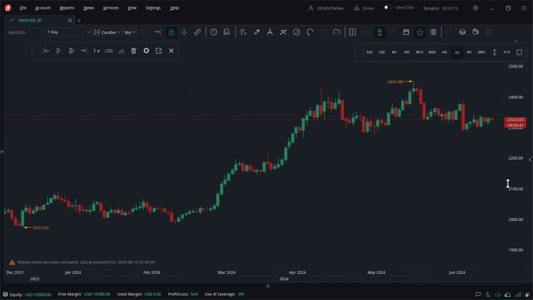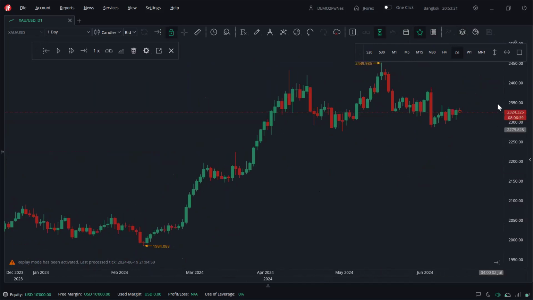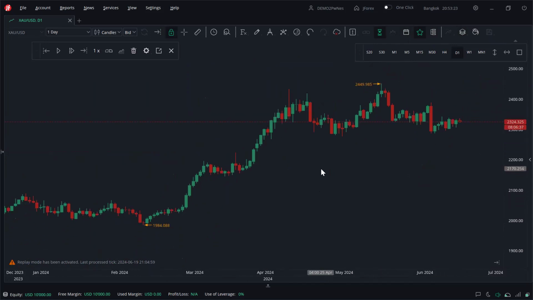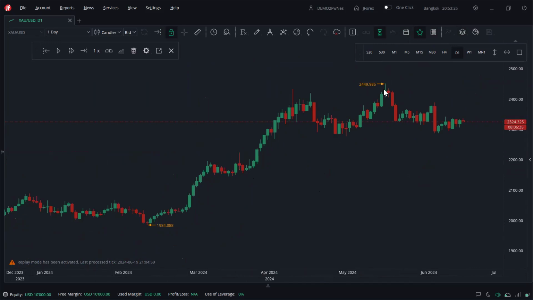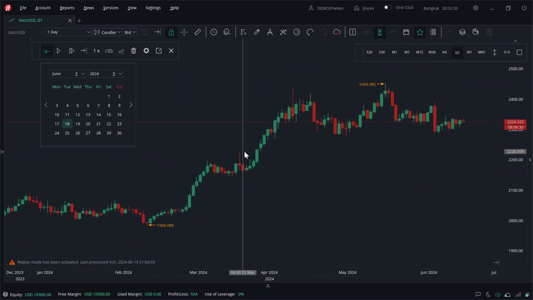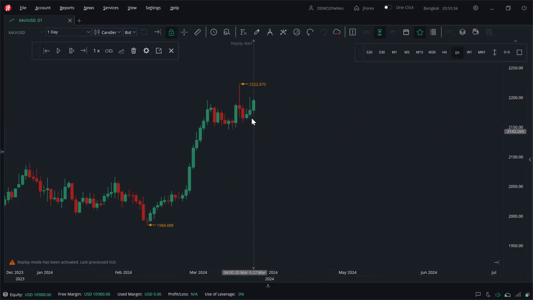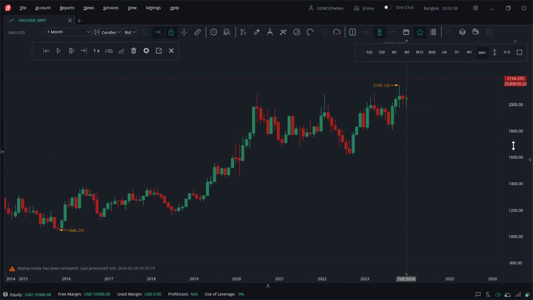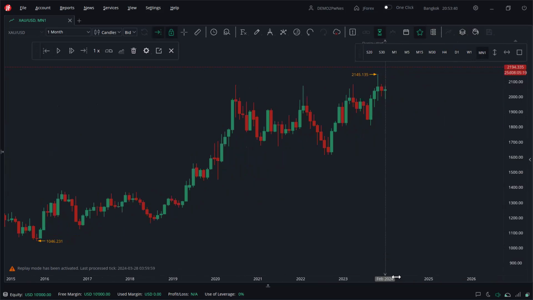Okay, maybe we have 5 minutes. Let's see if we can do one more. Let's start from this green thing because I'm sure we will get a trade. Monthly, what is monthly at this moment?